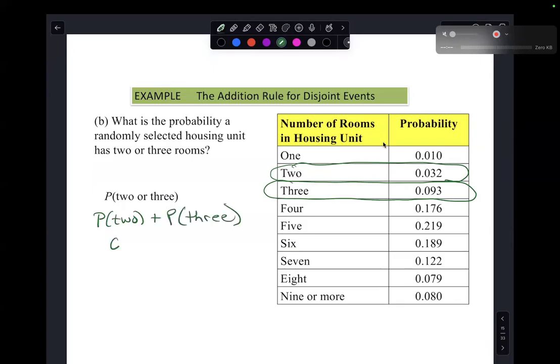That's 0.032 plus 0.093, which would be 0.125. Oh, good job. Thank you, Gwen. So there's about a 12.5% chance of randomly choosing a 2 or 3 bedroom housing unit. Questions on that?